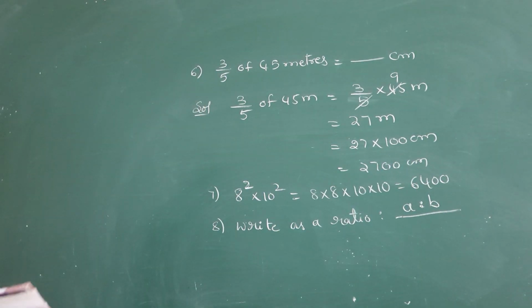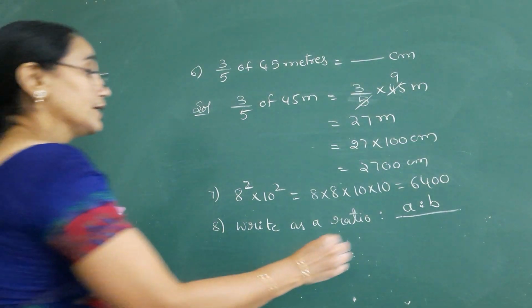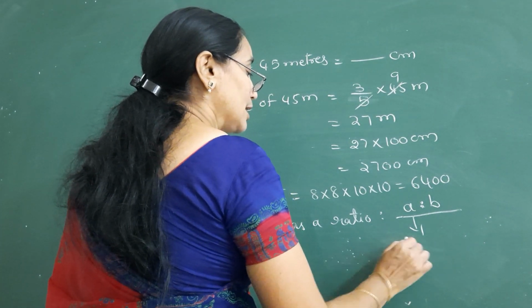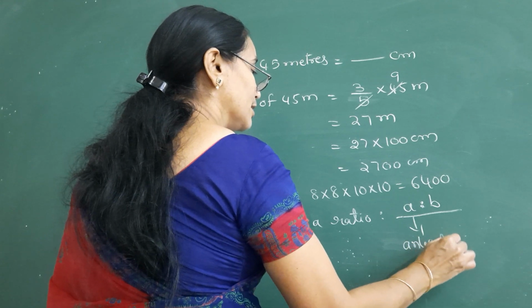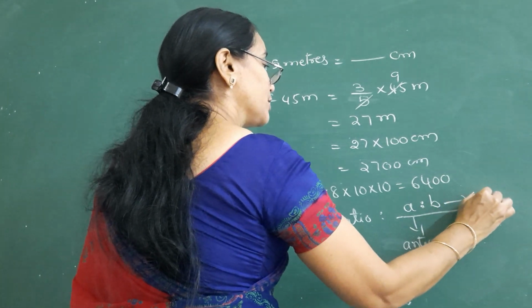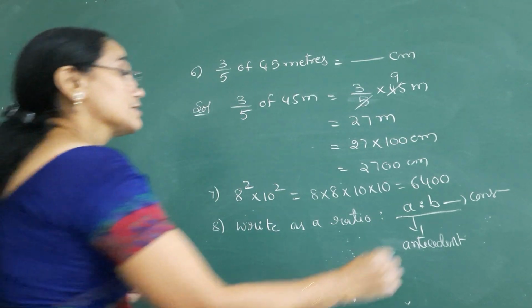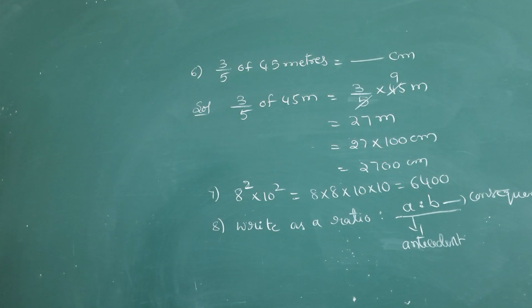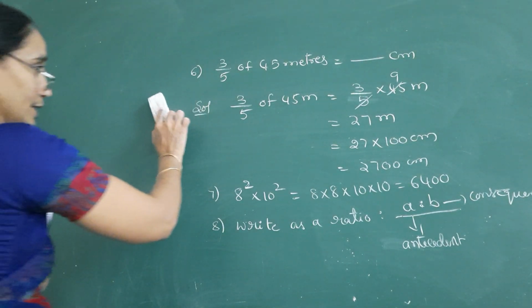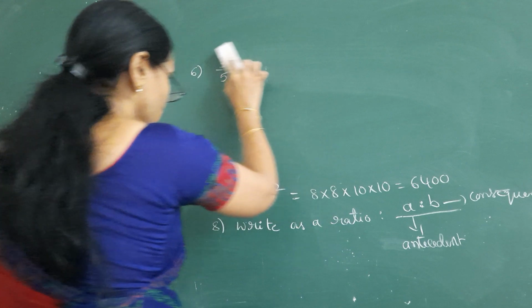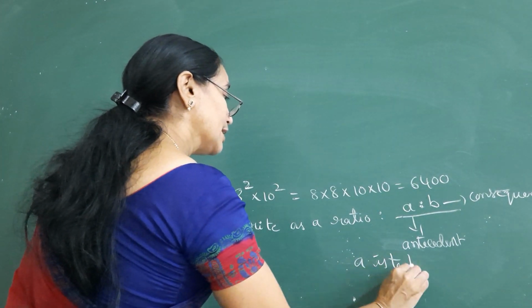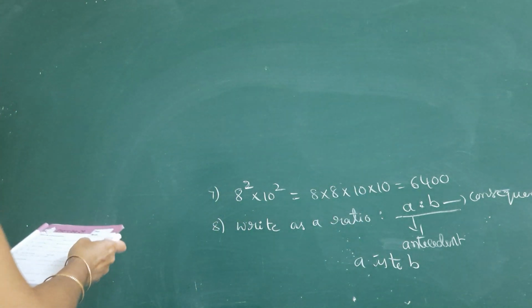That can be written in the form A is to B, where A is called antecedent and B is called consequent. So a ratio can be expressed as A is to B, and it is read as A is to B.